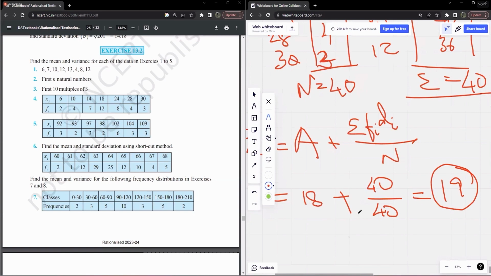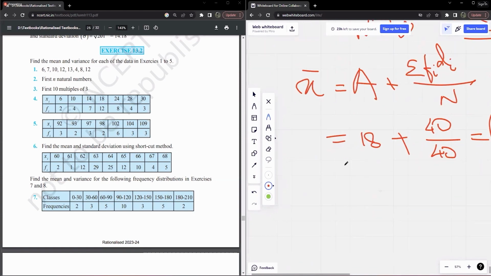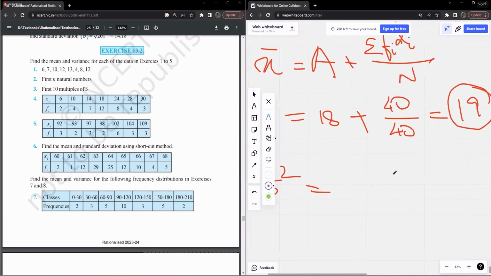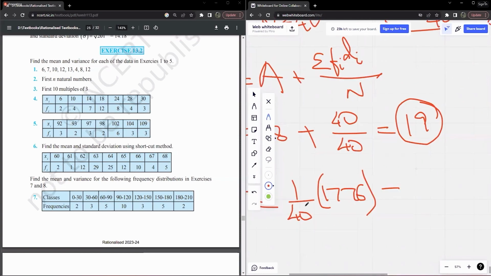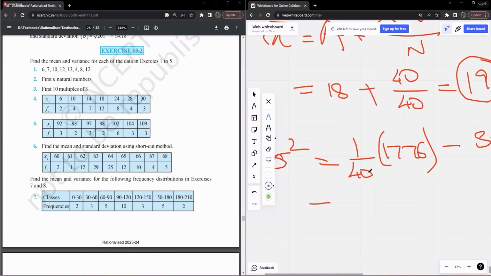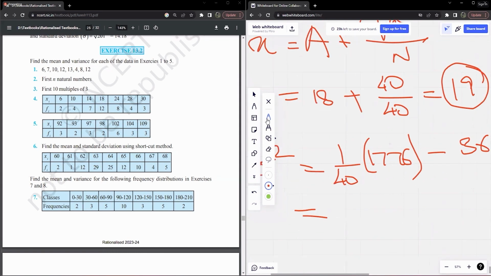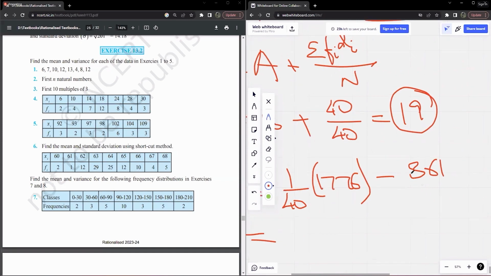And the sigma square is going to be 1 by n times your sigma of fidi square, right, which is 1776 minus x bar the whole square. Oh wait, no, it's not x bar square. This is sigma fidi by n the whole square, right, which is 40 by 40 the whole square.